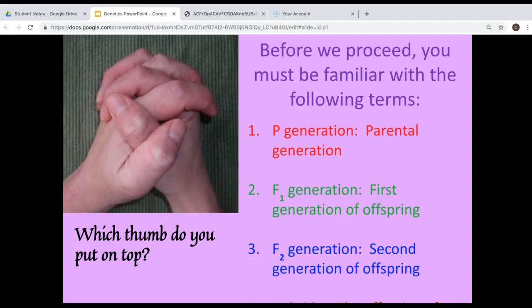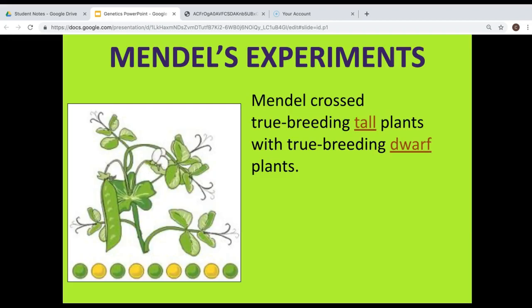So what Mendel liked to do was crossbreed true breeding plants. Remember, true breeding means one parent produces the offspring. So he crossbred true breeding tall plants with true breeding dwarf plants. He noticed that a tall plant bred with a dwarf plant produced all tall offspring.